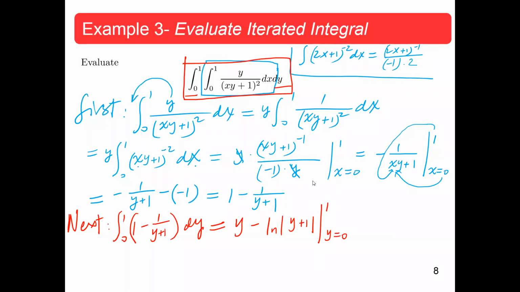Next, again, plug in 1 for the y and plug in 0 for the y. When we plug in 1, we have 1 minus natural log 2.